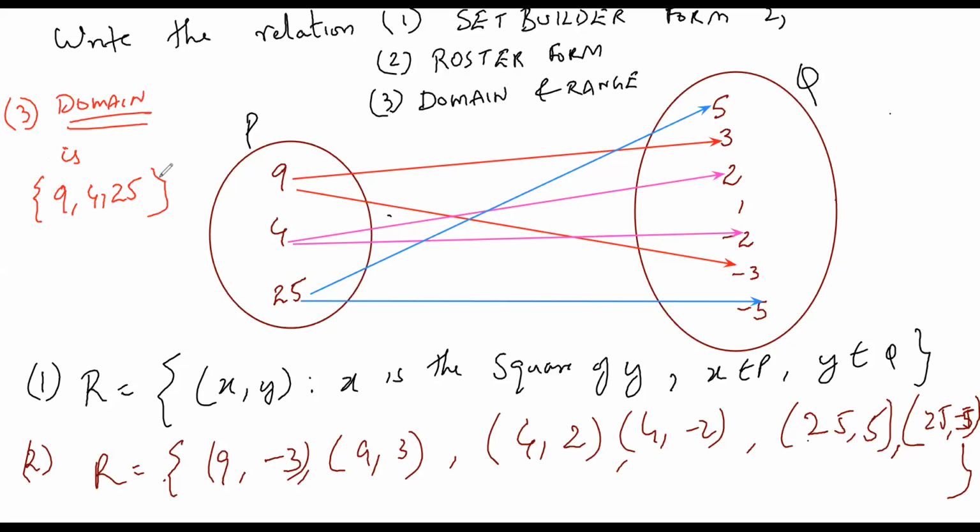Okay. Range. Range is the arrows on the right hand side: -2 comma 2 comma -3 comma 3 comma -5 comma 5.